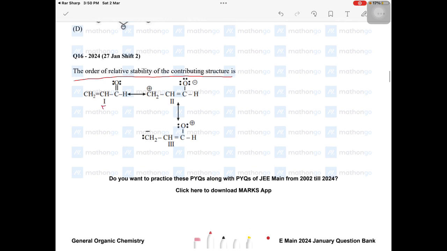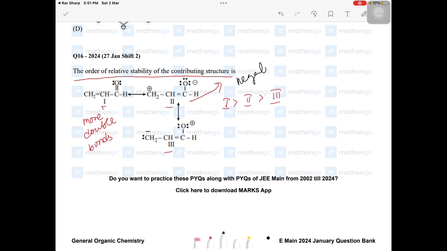Out of these 3, 1, 2 and 3, first one is more stable than second, then third. Why first one is more stable? More double bonds. Then why second one is more stable?